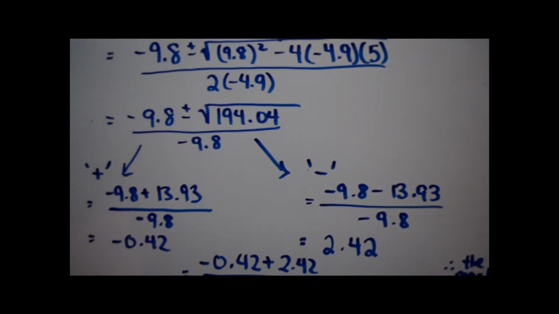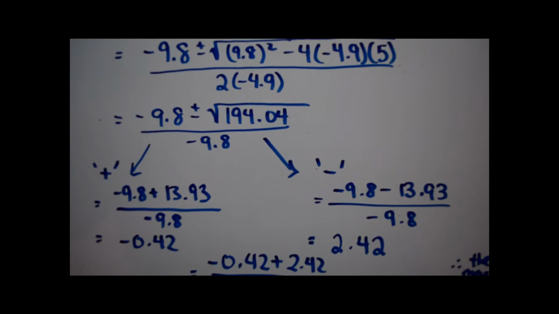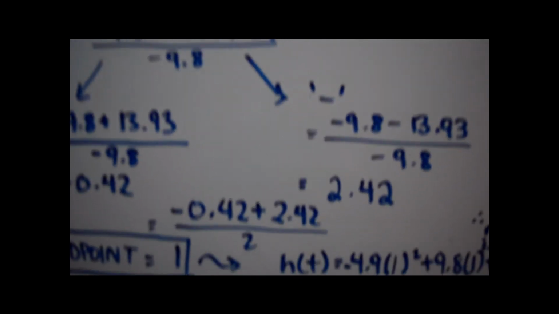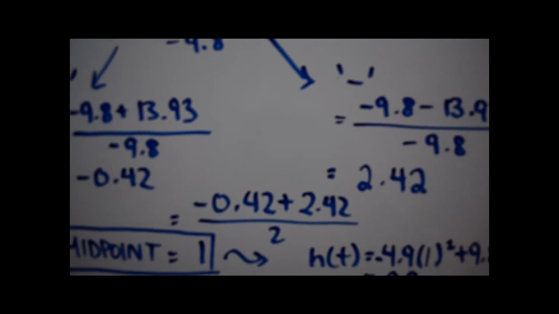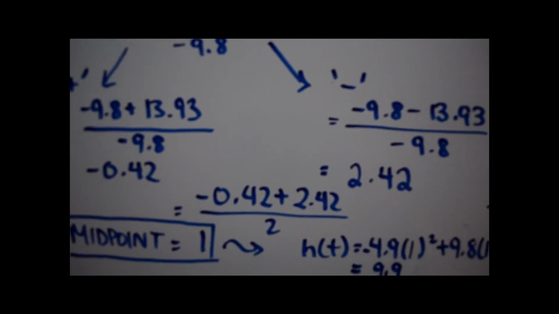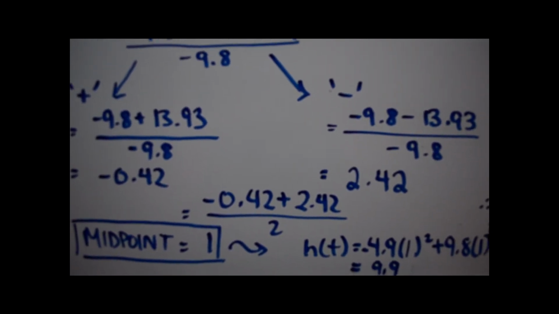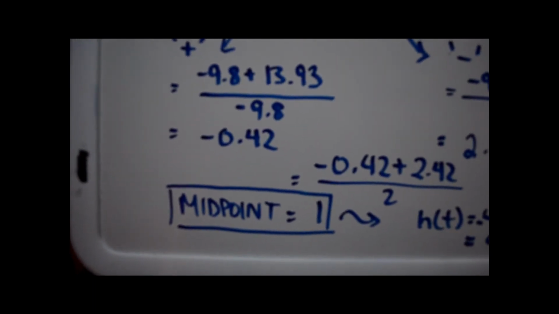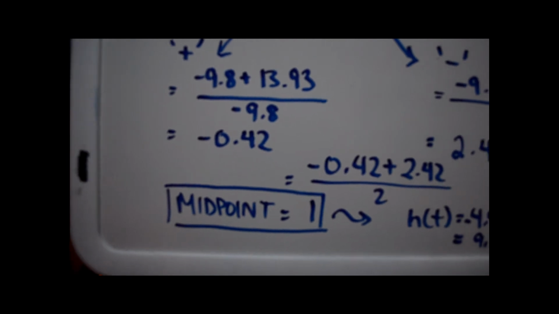These values are our zeros, and if you want to find the midpoint, you have to look at this. So you do negative 0.42 plus 2.42 all over 2, which by coincidence gives us a midpoint of 1.